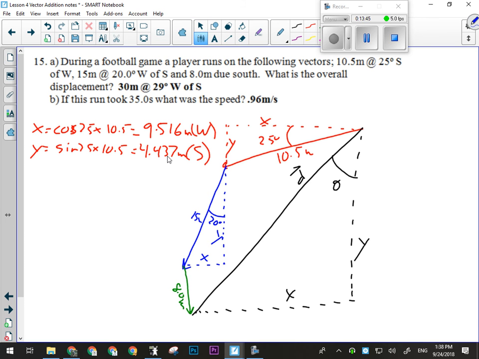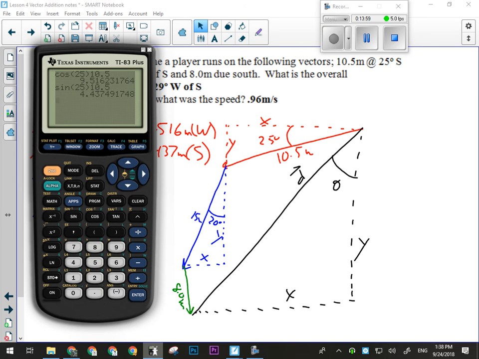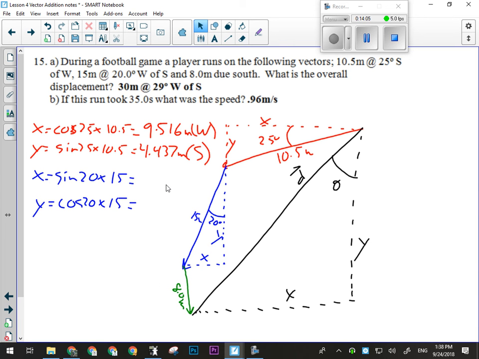Okay, so we have x is the opposite side on that one, so the sine of 20 times 15 meters. Y is the adjacent side, cos of 20 times 15 meters. Okay, so 5.13 meters, and that is west.